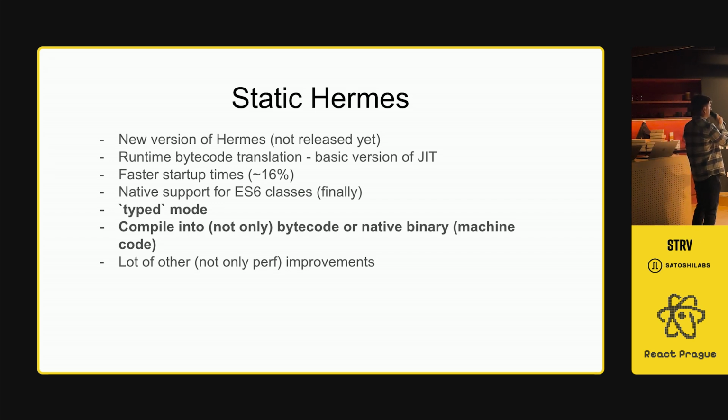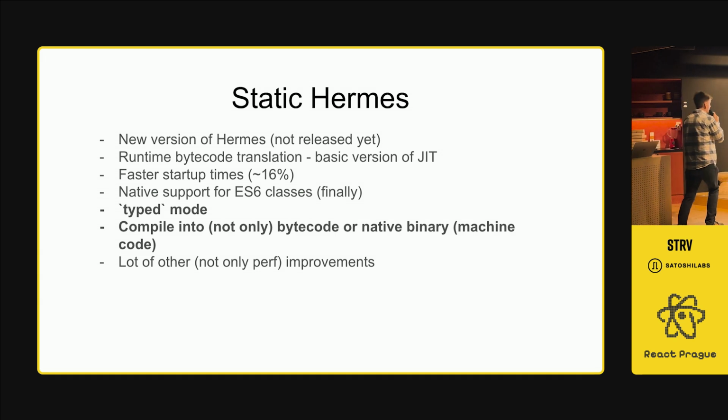One of them is runtime bytecode translation. This is something like a JIT for Hermes, because Hermes doesn't have a JIT, since JIT is very complex to write, and the Hermes team is very small, so they did not have the capacity to do that. They now introduced a very simple version. I will show it in a moment.